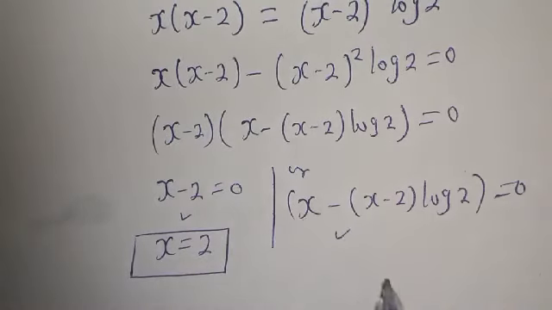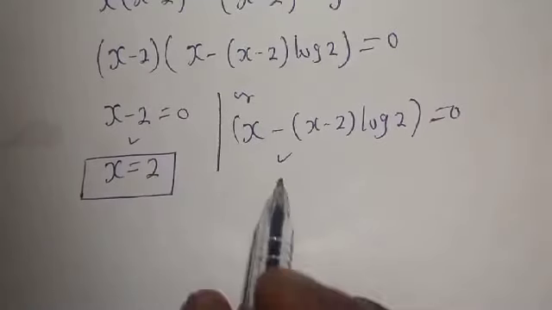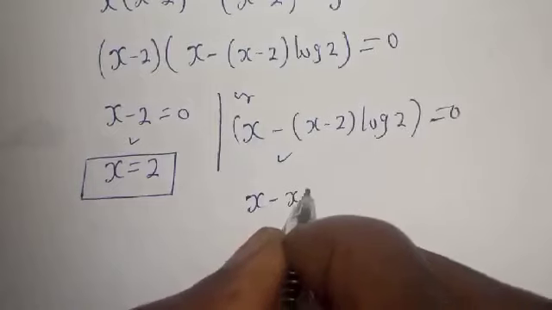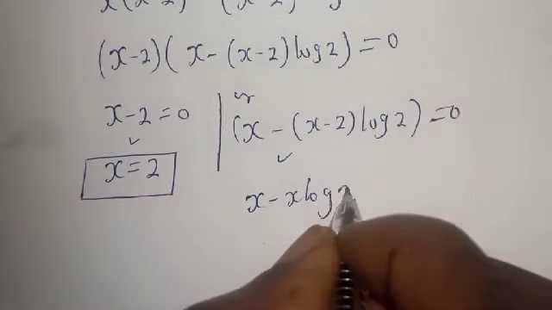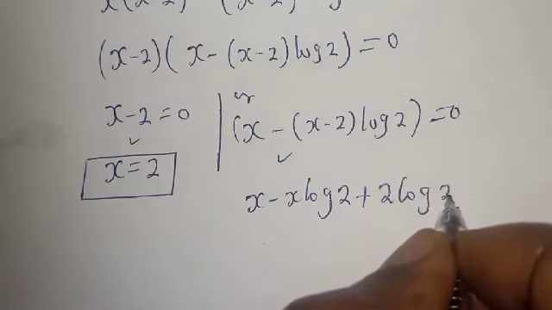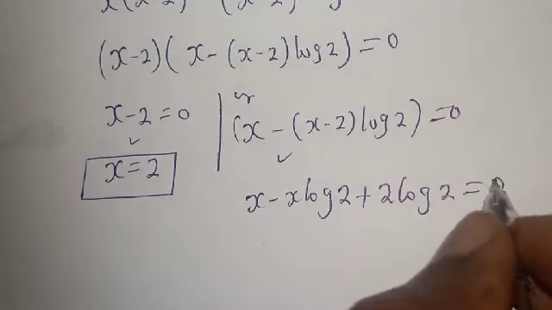So let's consider this. This can be written as x minus x log 2 plus 2 log 2 is equal to 0.